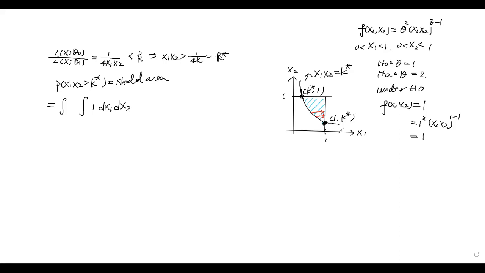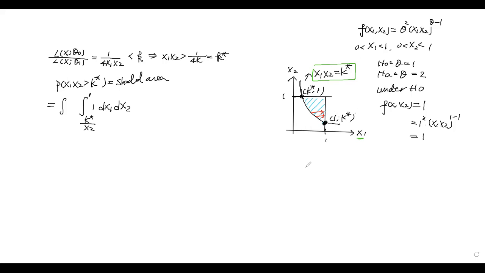My lower bound will just be k star over x2, because this is the curve. The curve here is x1 times x2 equal to k star. So the x1 starts at k star over x2, and then I integrate all the way to 1.